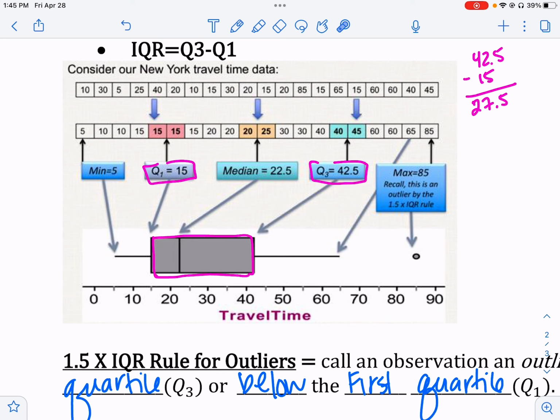Now, in order to figure out the cutoff for outliers, we have to take this number and multiply it by 1.5. I'll change colors for this bit. So we're going to multiply it by 1.5. When I do that, I get that 1.5 times my IQR is equal to 41.25. That makes sense. We multiply it by 1.5, so 1 times half of itself.